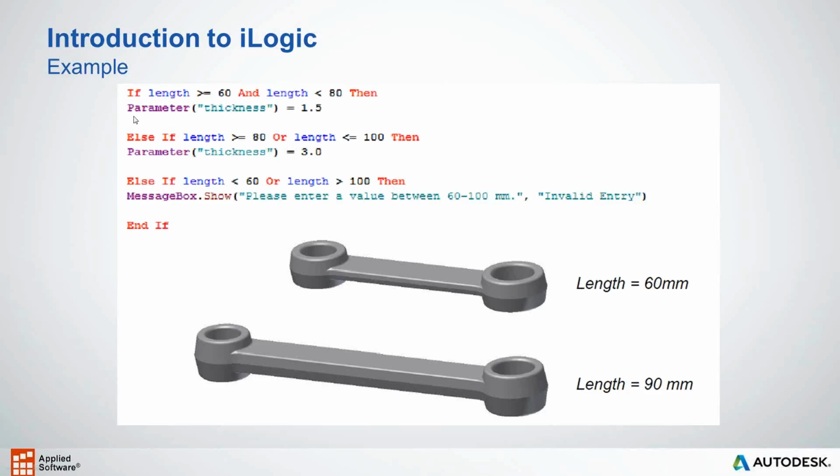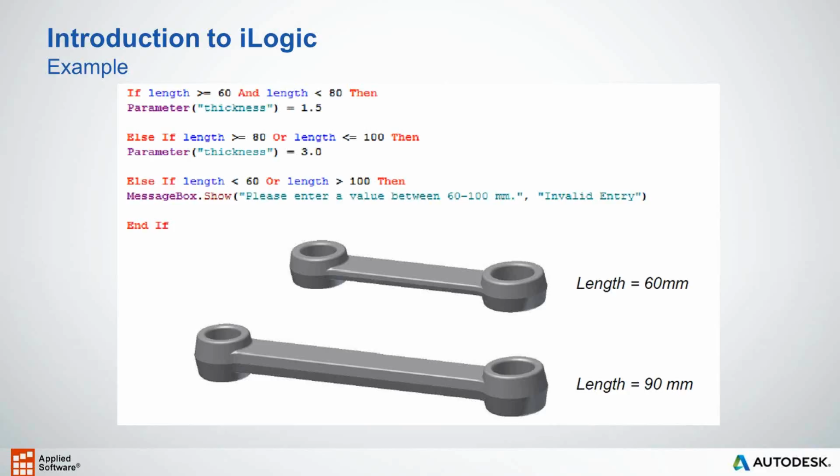So for example, if we break it down with what we're seeing in our code, it's saying if my length is greater than or equal to 60, or my length is greater than 80, so it's looking at a range between 60 and 80.